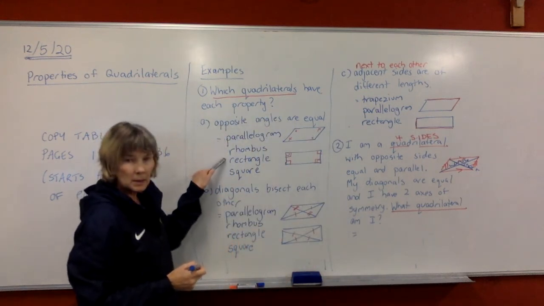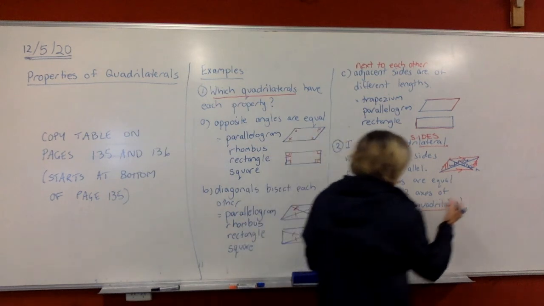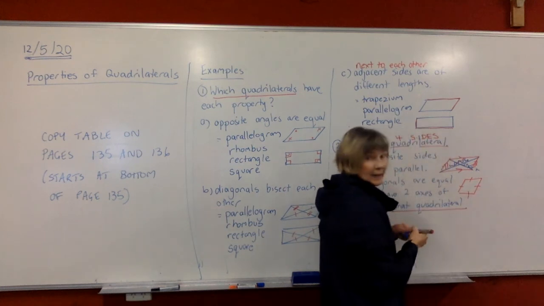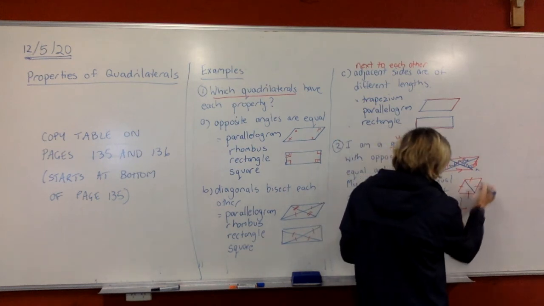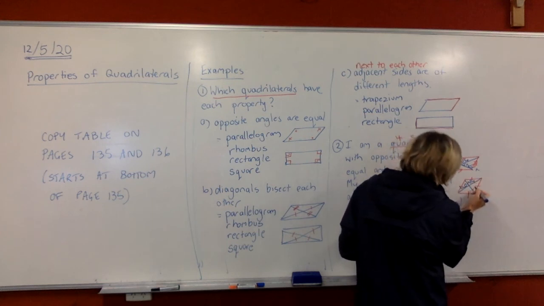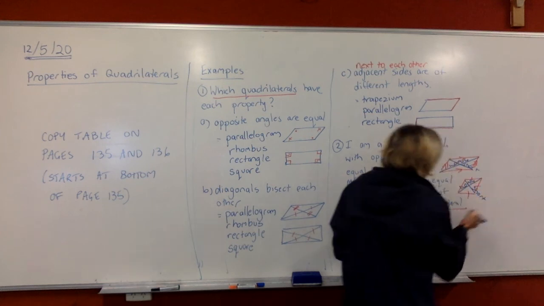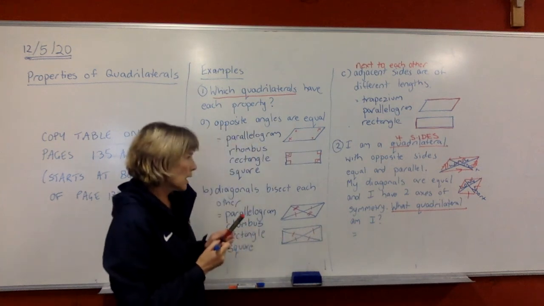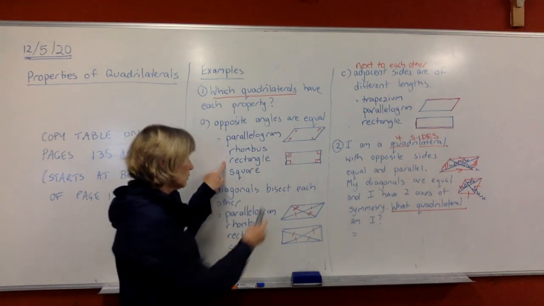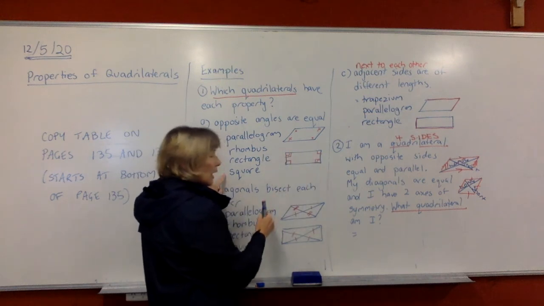The rhombus, let's have a look at the rhombus. Again, even though there's a lot going on for it, it's got a long diagonal and a short diagonal. So those diagonals are not equal. They are equal in the rectangle and they are equal in the square.